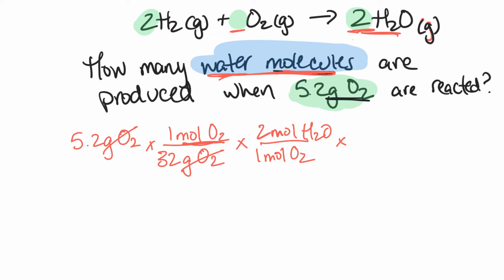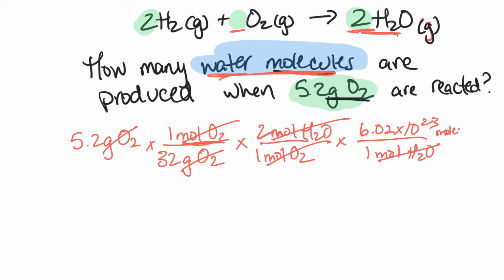And we know to get to molecules or particles, we need Avogadro's number. So the relationship we know is that for every 1 mole of H2O, there are 6.02 times 10 to the 23rd. So here, once again, we can cross out moles of H2O so that the unit you're left with is molecules of H2O.